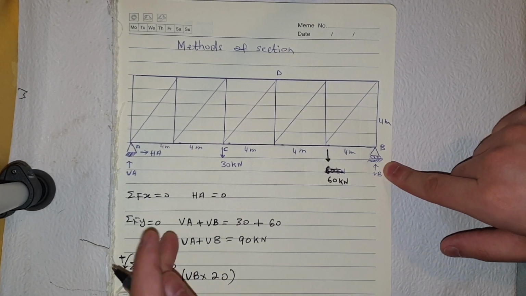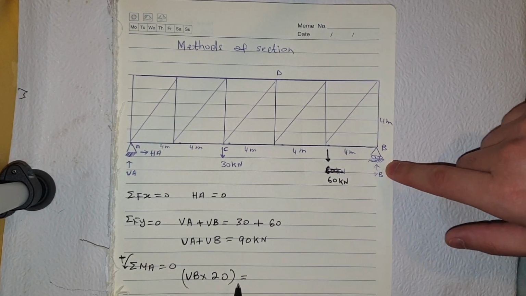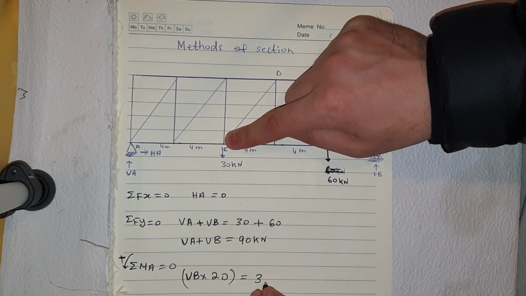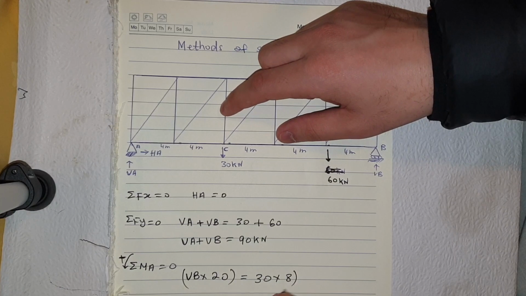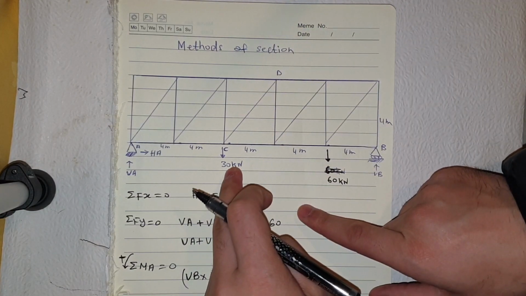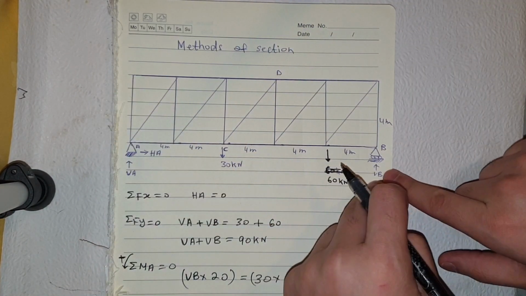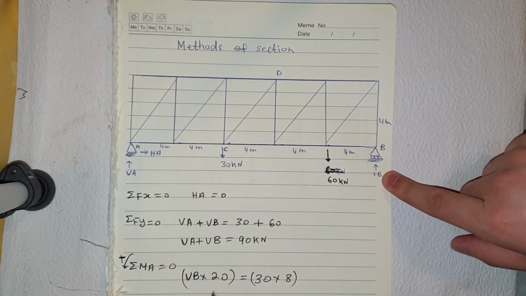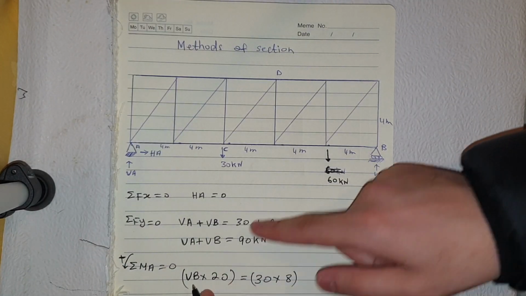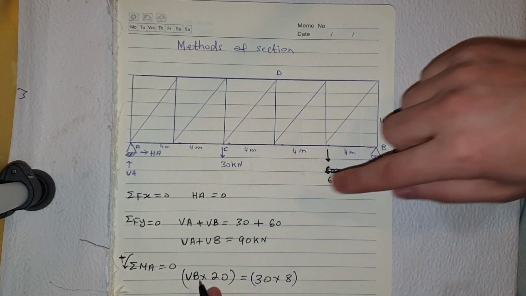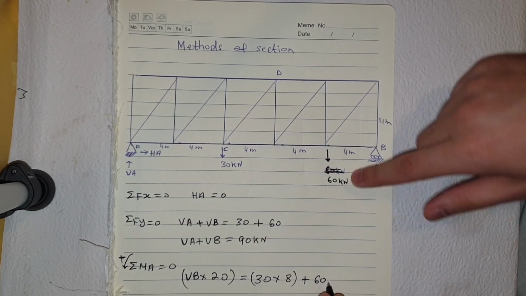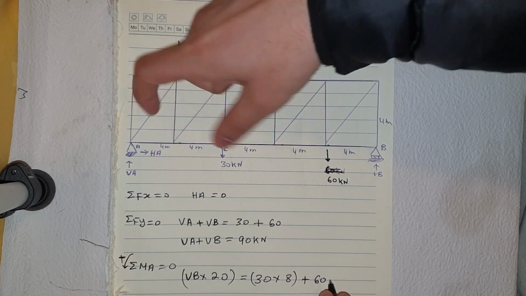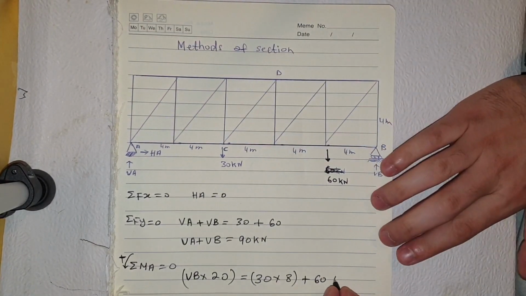20. That will be equal to 30 times 8, which is the distance. Because the 30 is acting clockwise and the VB is acting anti-clockwise, that's why it's opposite to the 30. And then plus 60 times the total distance, 4, 8, 12, 16, times 16.